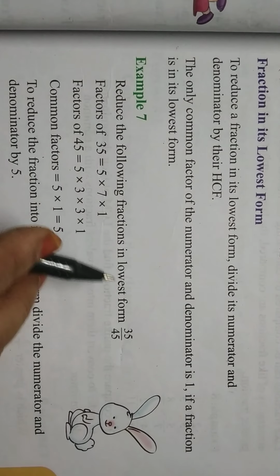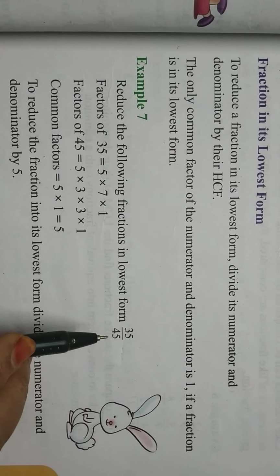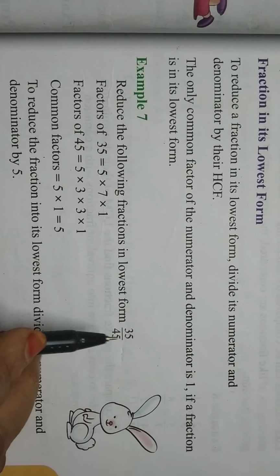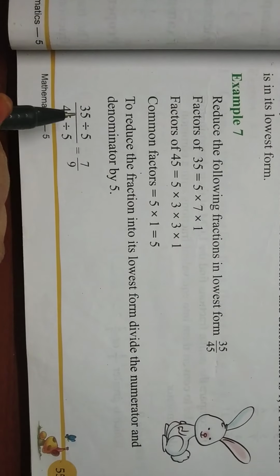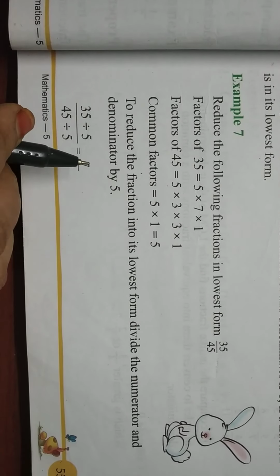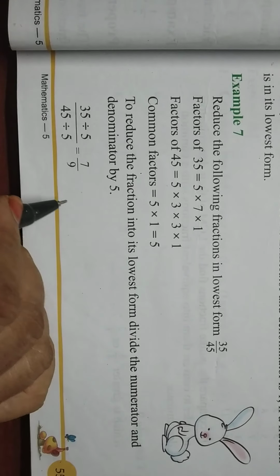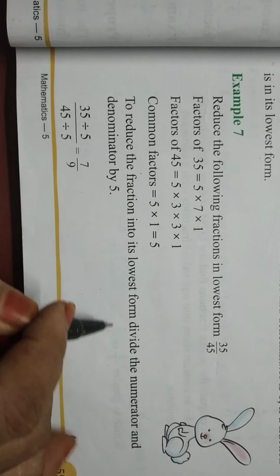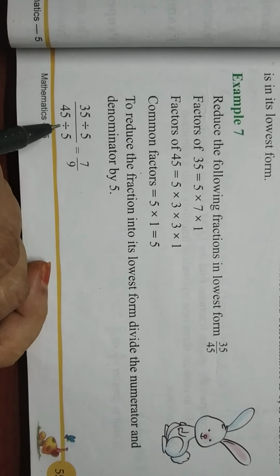To reduce this fraction, 35 by 45, if we divide 35 and 45 by 5, then we will get what? 7 by 9.